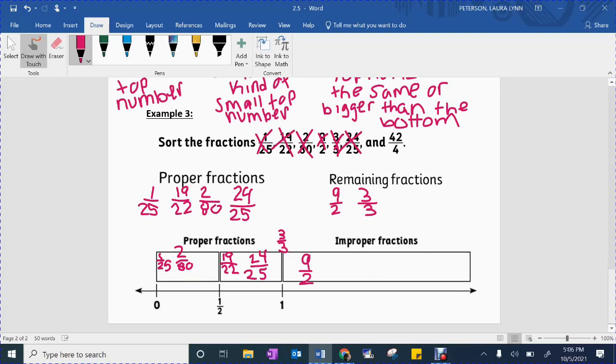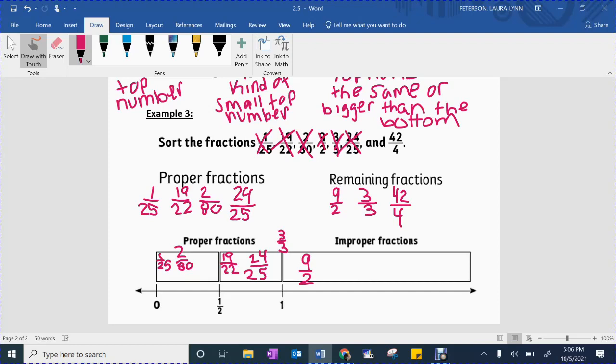Next up is 42 over 4. Well, that top number is definitely bigger than the bottom. So that means it is improper. So on our remaining fraction, which is really improper fractions, I want you to write 42 over 4.